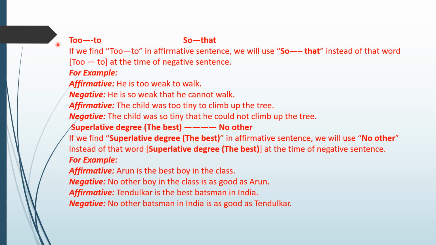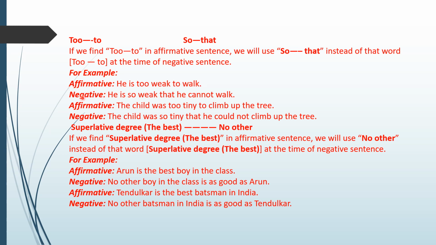A few more examples to interchange affirmative sentences to negative. If we find too in the affirmative sentence, we will use so that instead of the word too at the time of changing the sentence into negative. Look at the following examples. He is too weak to walk. So this is the affirmative.